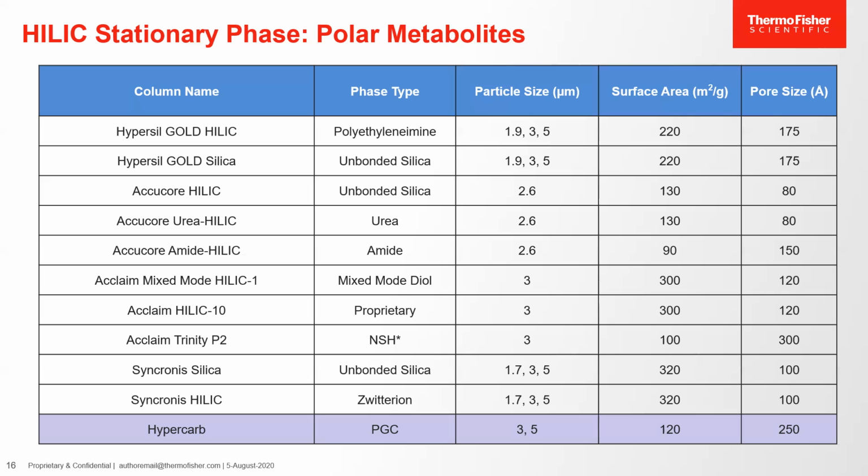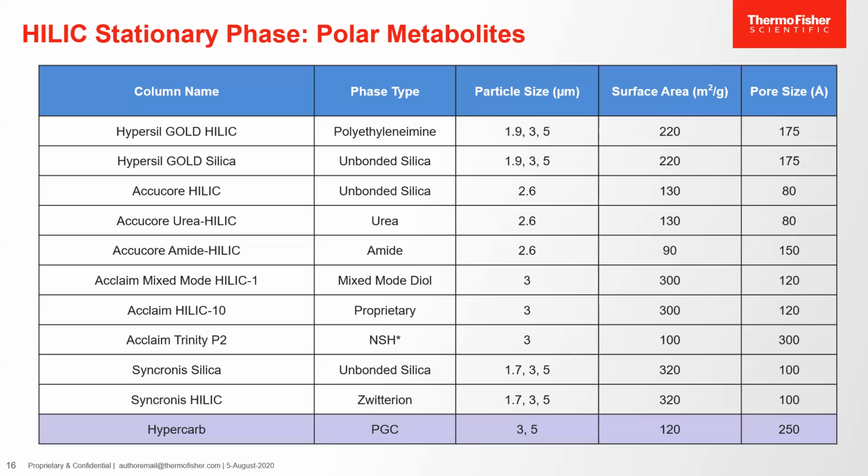So that's why we talk about our three main families as the Hypersil GOLD, the AccuCore, and the Acclaim. Based on your need for a polar metabolite analysis, these are the different kinds of phases that come with those columns. The phases matter.